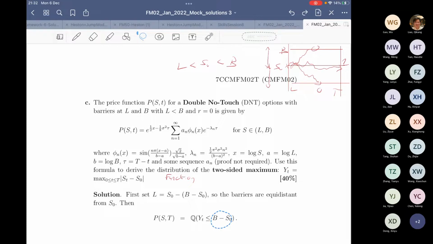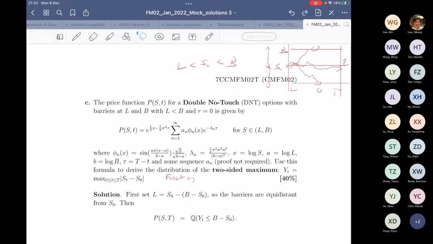Because if the stock hits B or L, it means the two-sided maximum exceeded this value. In other words, the stock price ventured a distance greater than or equal to B minus S0 from its initial value S0 by maturity. So it's really just the use of the fact that you're not locked into some particular L value. You might be in a different question, but in this question, there's nothing stopping you from choosing a convenient L to answer the question.